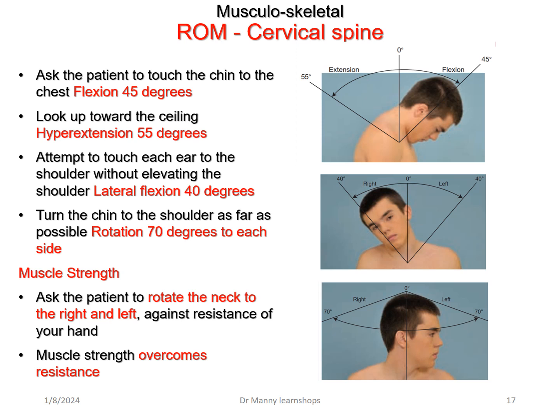You ask the patient to turn the chin to the shoulder as far as possible, and rotation should typically be around about 70 degrees on each side. As far as muscle strength goes, you ask the patient to rotate the neck to the right and left against resistance of your hand. And the muscle strength, under normal circumstances, overcomes the resistance.